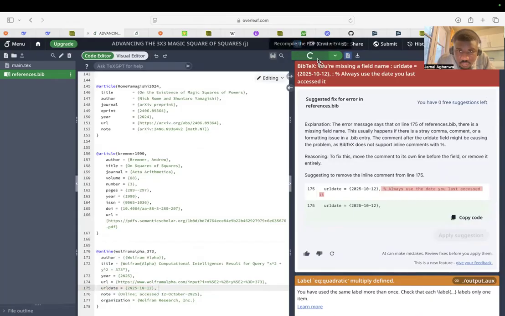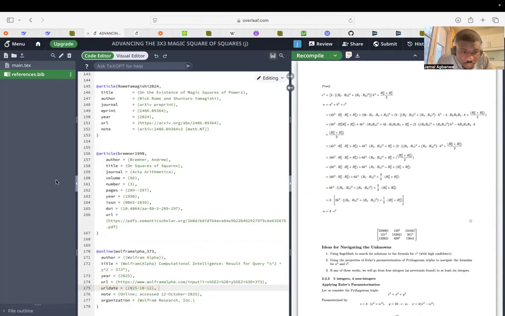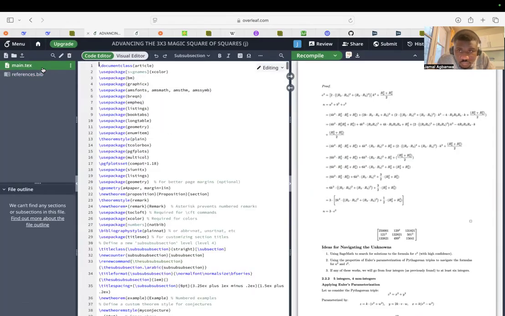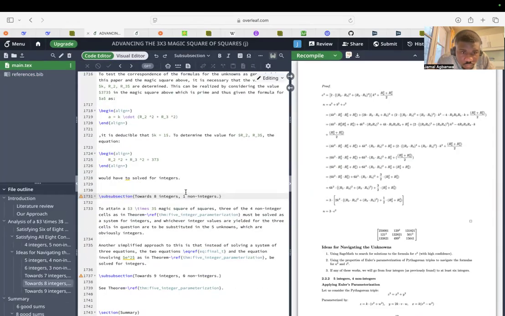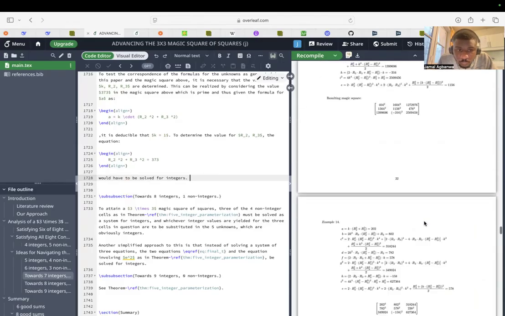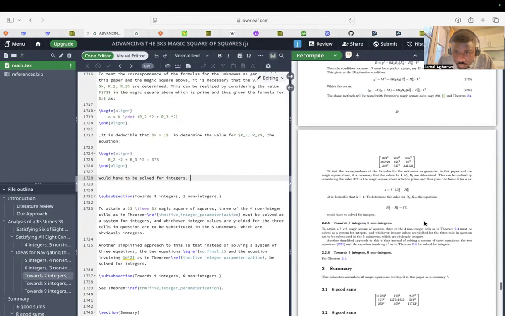Now let's see. Good. Would have to be solved for integers. And thinking of something.